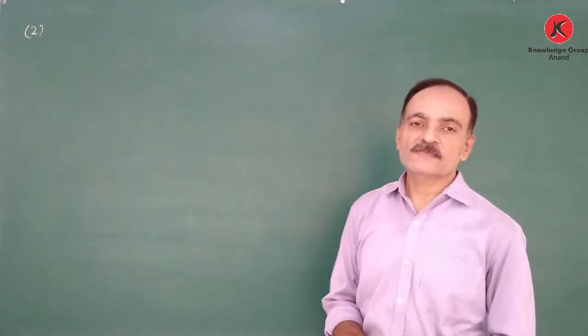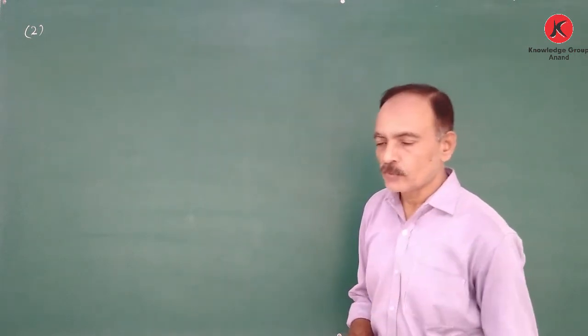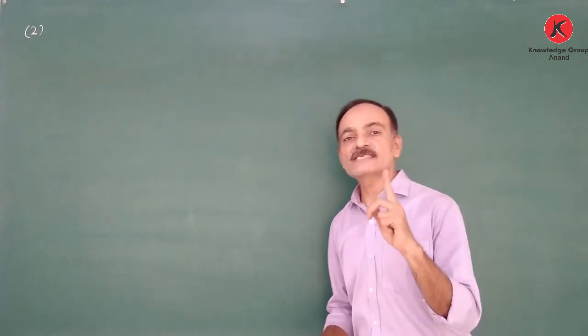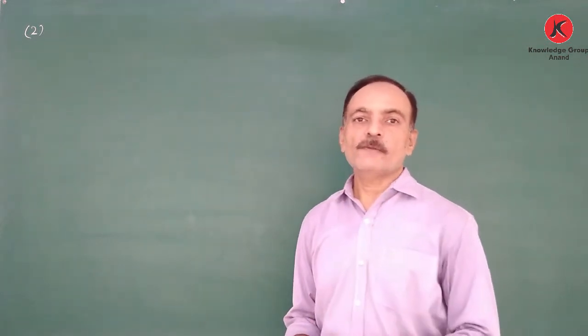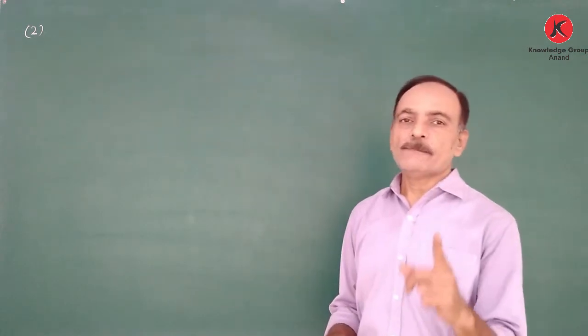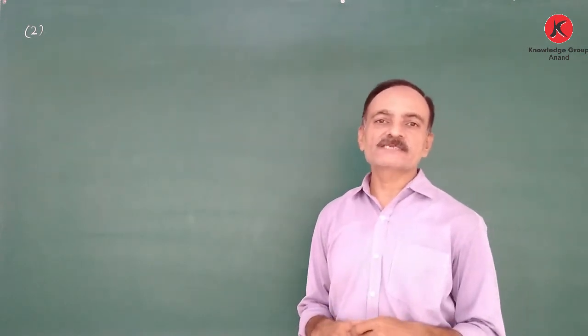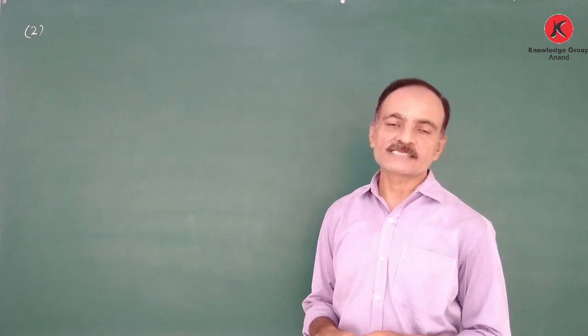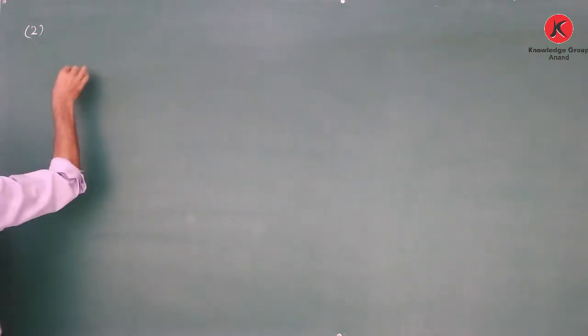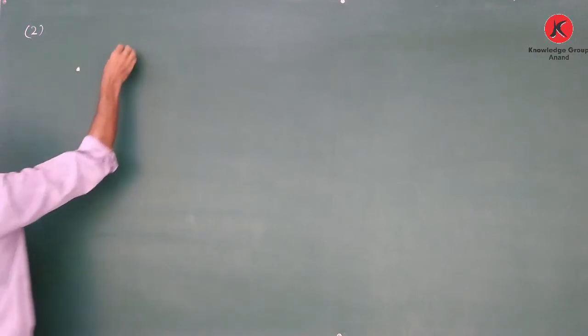Now, the second portion of this numerical 10.2. What is the shape of the wavefront if the light emerging out from a convex lens, for which a point-like source is placed at the principal focus of the convex lens? So, what is the figure for this question? Here the point-like source is placed at the principal focus of a convex lens.